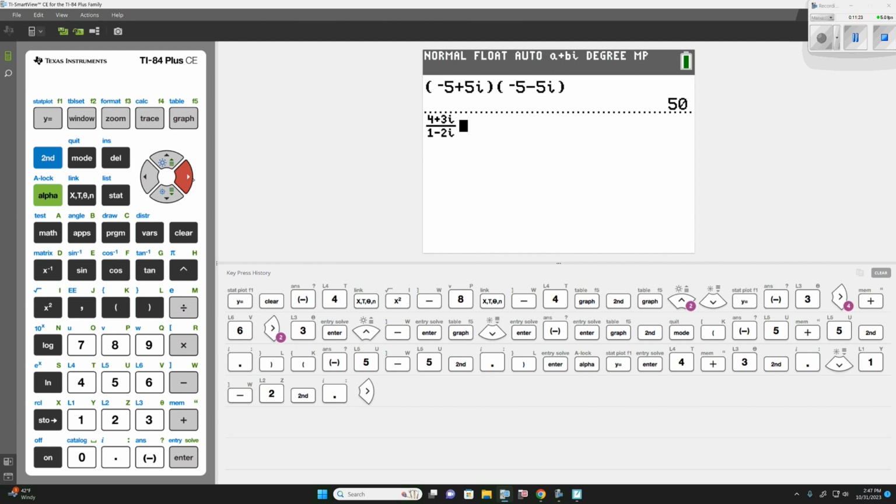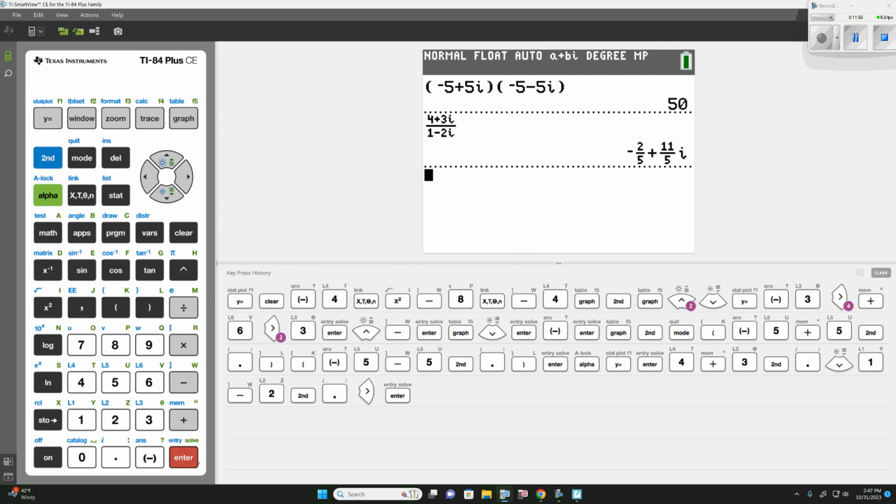How are we doing? Pretty good so far. If you notice, there's a difference in our calculator types. The one on the board is a TI-84 Plus CE.